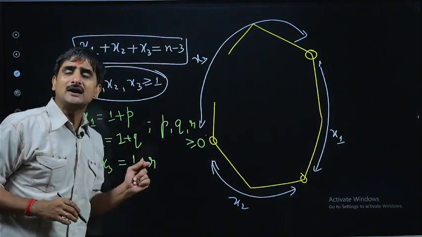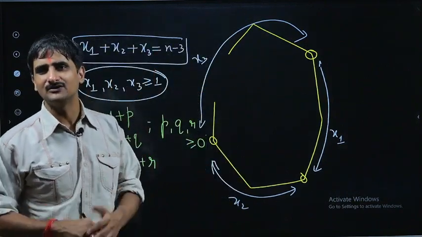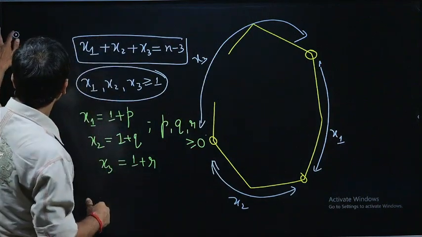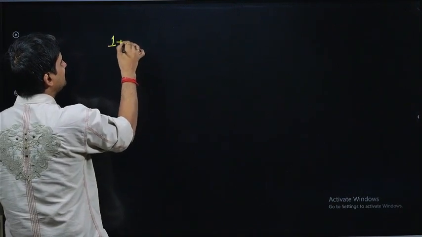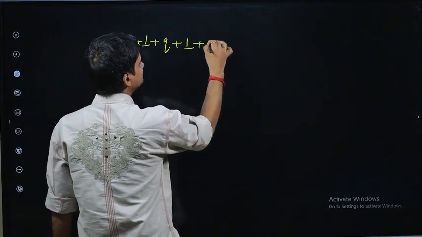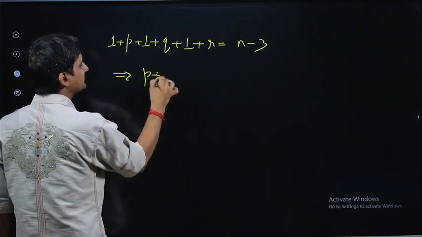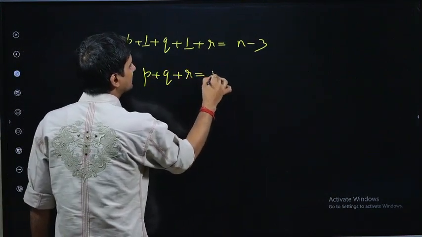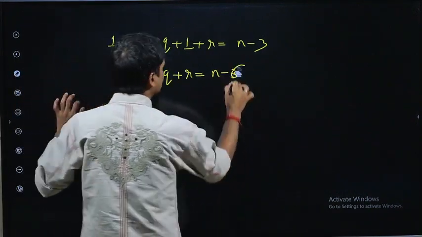Since p, q, r are all non-negative, x1, x2, x3 will all be greater than or equal to 1. Now put these values in the equation: 1 plus p plus 1 plus q plus 1 plus r is equal to n minus 3. Hence p plus q plus r is equal to n minus 6.